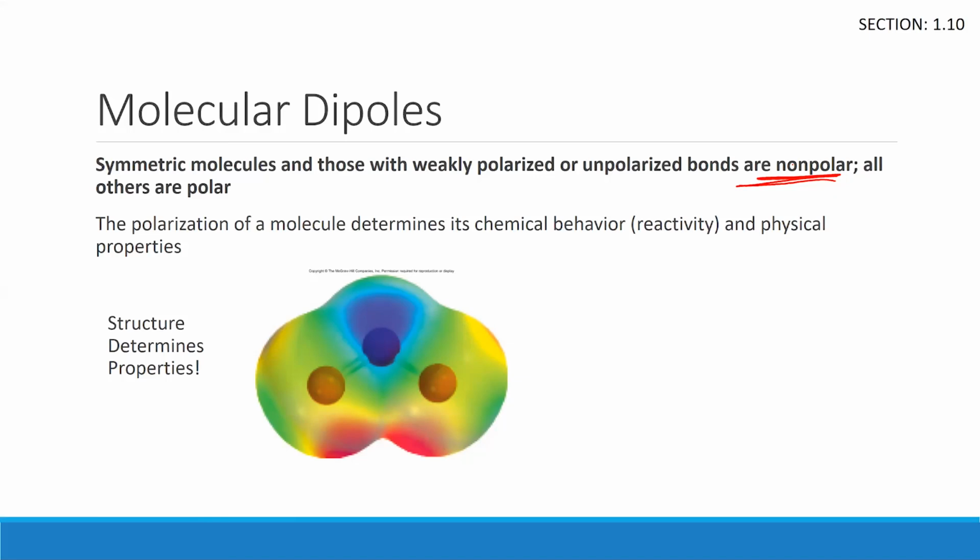And polarization of a molecule, where it is polar, is going to determine its chemical behavior and its reactivity. So it's very important to understand how shape and polarity are connected. Remember that structure, this actual structure and shape, is what determines the properties in molecules. Okay, and that is the end for this section of chapter 1.